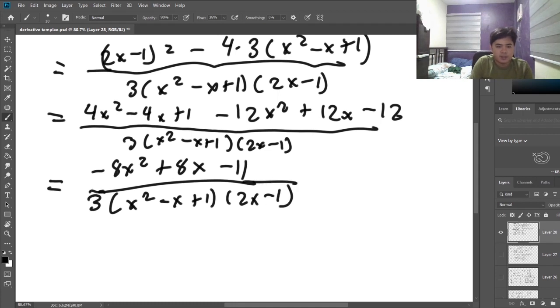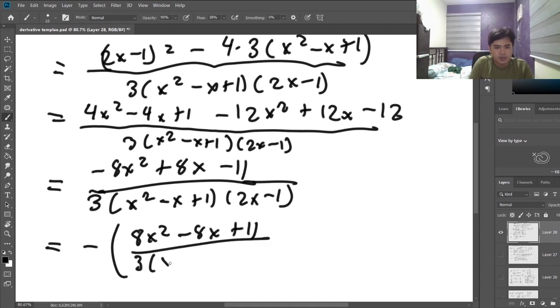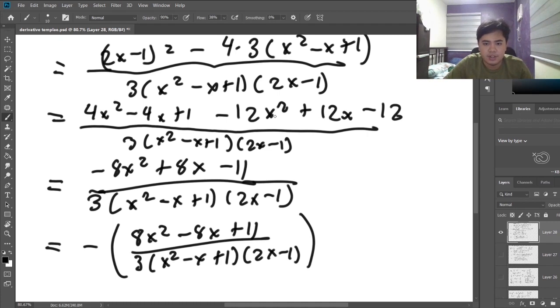And that is the answer, but you can also simplify this by putting the negative outside. So negative of 8x squared minus 8x plus 11 over 3 times x squared minus x plus 1, then 2x minus 1. And that's the answer.